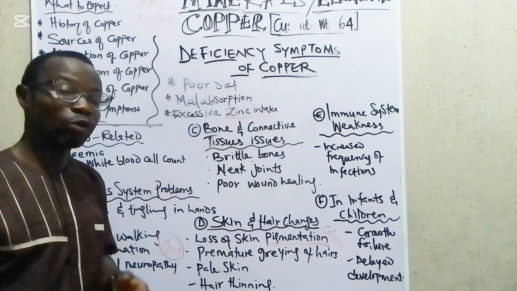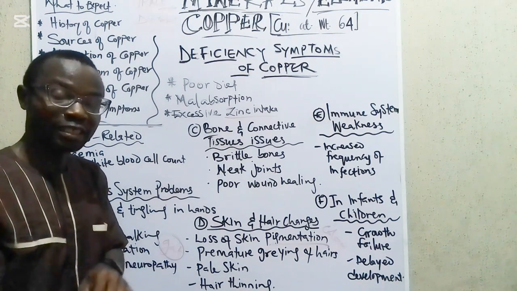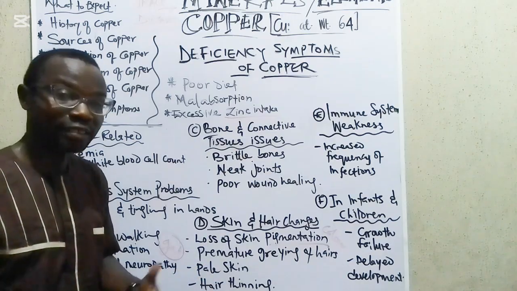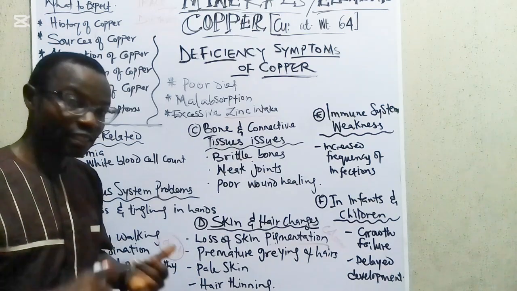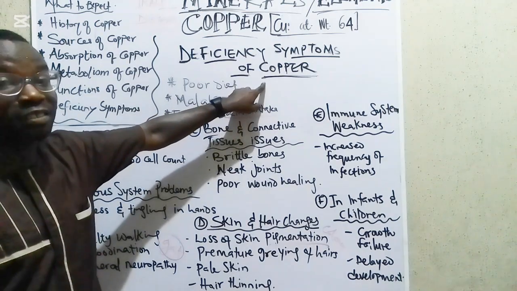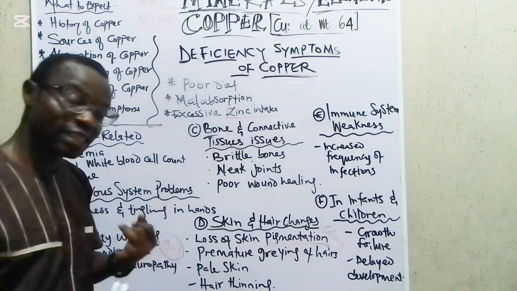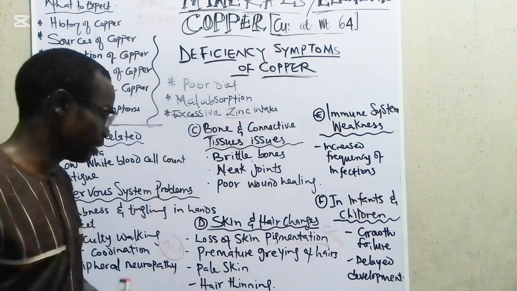Melanin is one of the useful ingredients that gives the skin its color, the feathers' color, the hair's color. So when there's shortage or deficiency in copper, it affects what? Pigmentation, that is coloration of the skin, the hair, and the feathers.